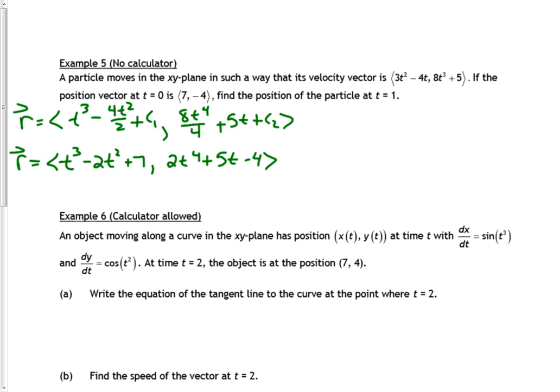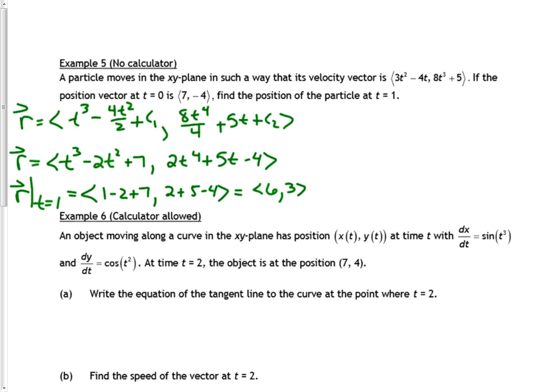And I actually want to know, well, what is my position at time equal to 1? And so that's going to be 1 minus 2 plus 7, and 2 plus 5 minus 4, and that leaves me at 6 and 3. So here is my position at time equals 1.